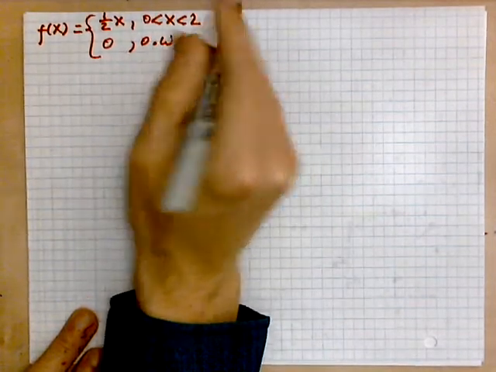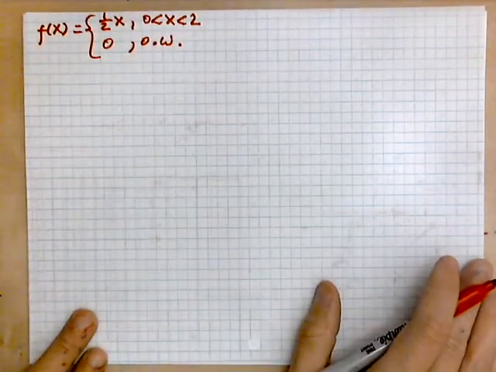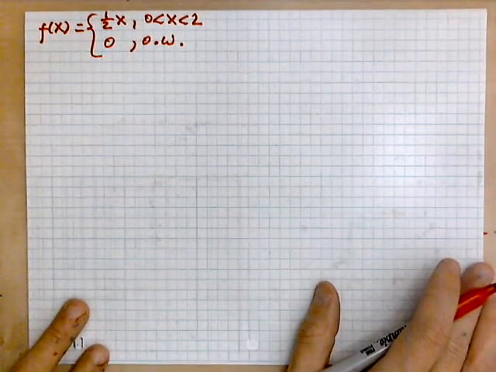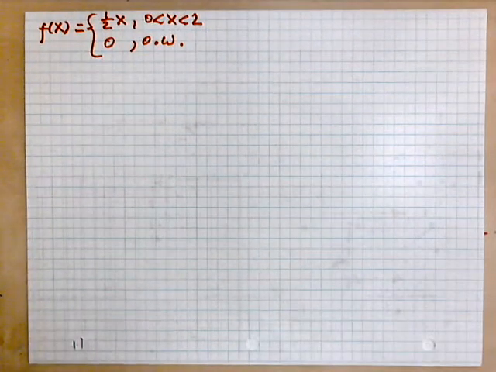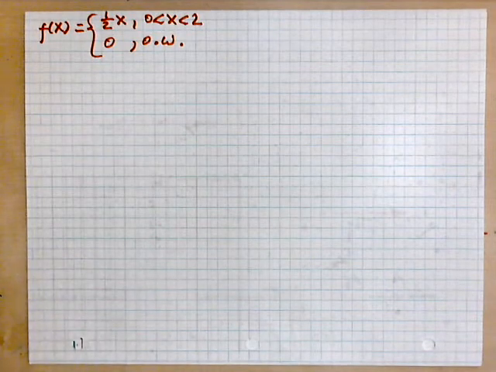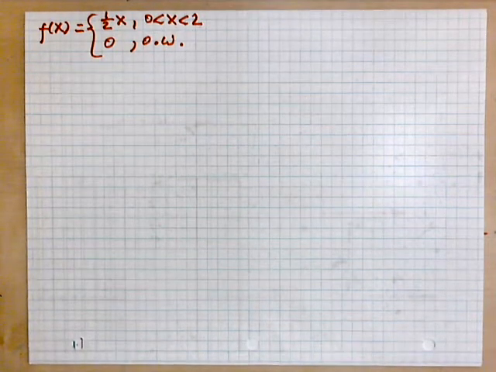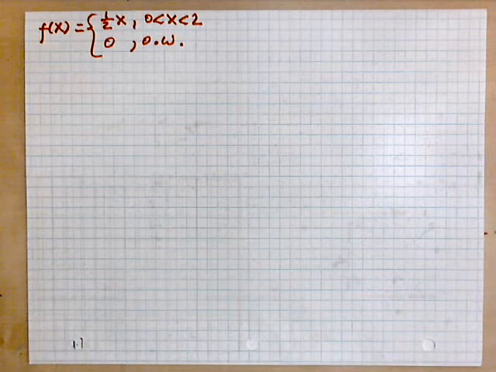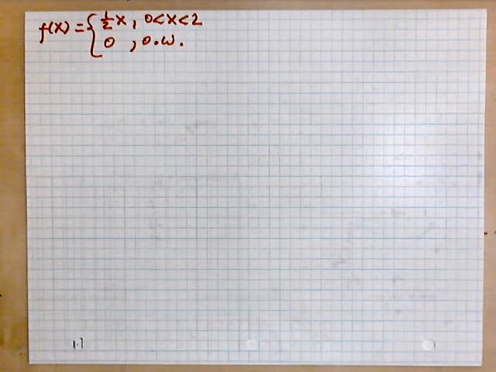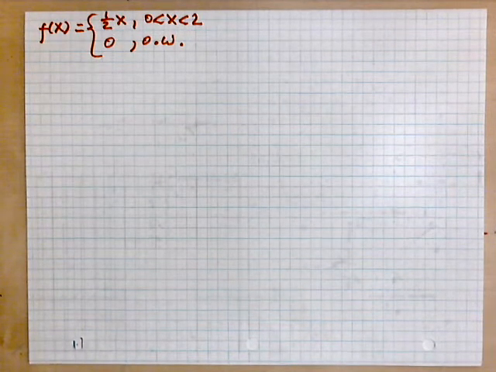Okay, so this is our PDF, our probability density function. Now the question is, find the probability distribution function. So those are different words meaning different concepts.